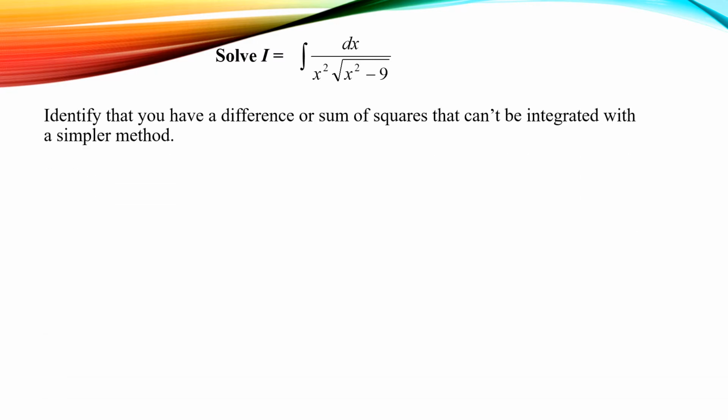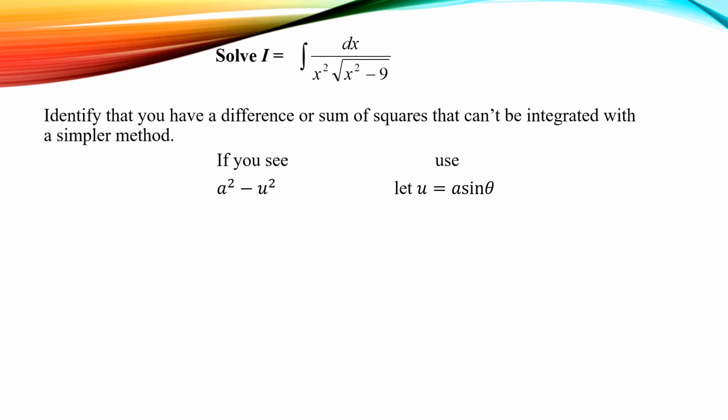So we go to step 6. We see a difference of squares in this problem, but it doesn't follow any other methodology discussed previously. So because we see the difference of squares, we're going to try step 6, trigonometric substitution. To review, when you see the difference of squares where the number is first, a squared minus u squared, your constant value is first, then the function second.